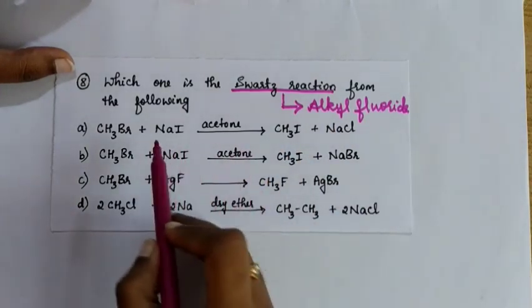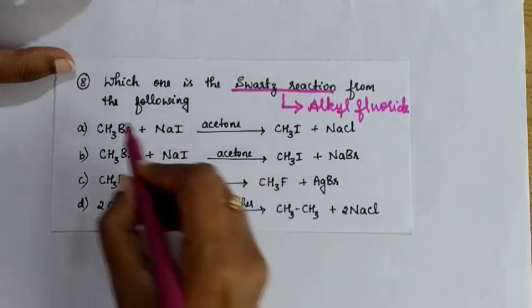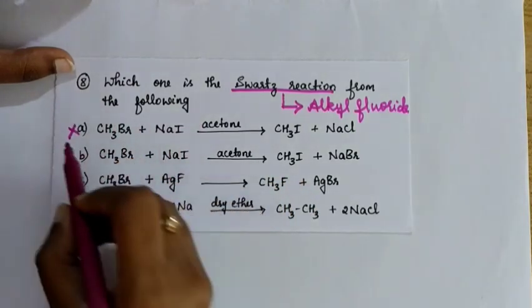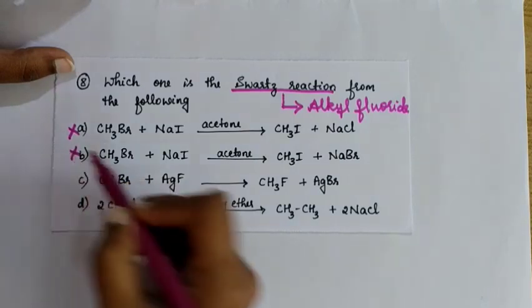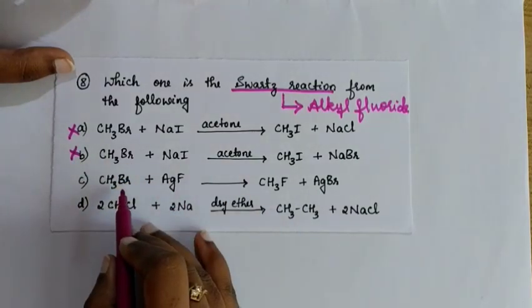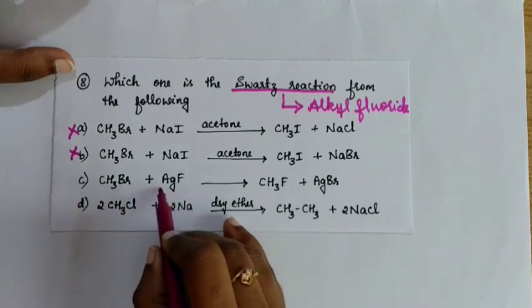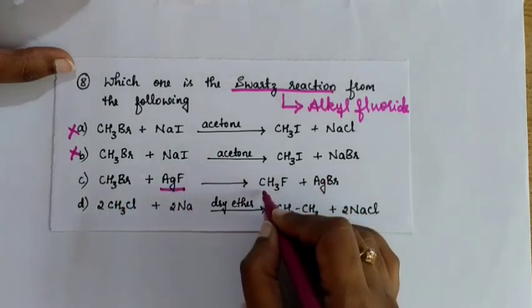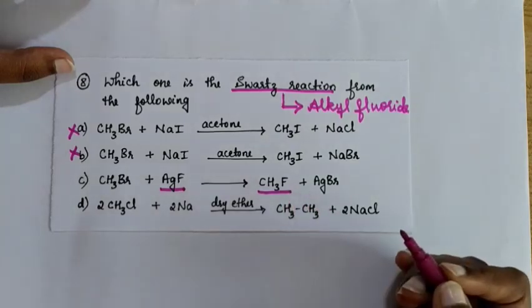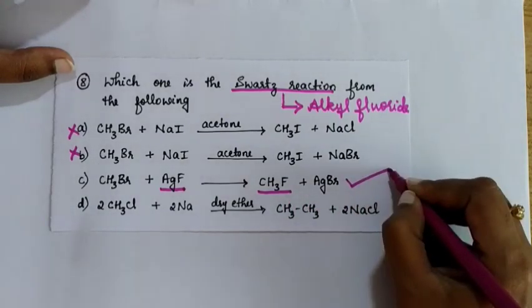Here we have not used silver fluoride, so this is not the answer. Here also we have not used silver fluoride, so this is also not the answer. But in option C, alkyl halide, that is methyl bromide particularly, reacted with silver fluoride to form our respective alkyl fluoride. So this is our Schwarz reaction.